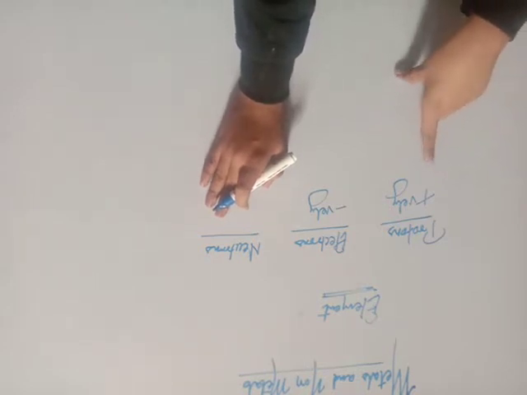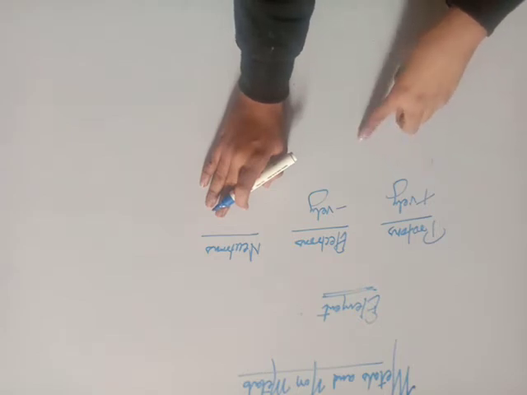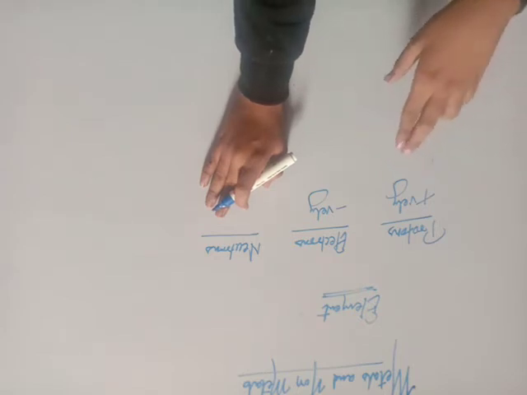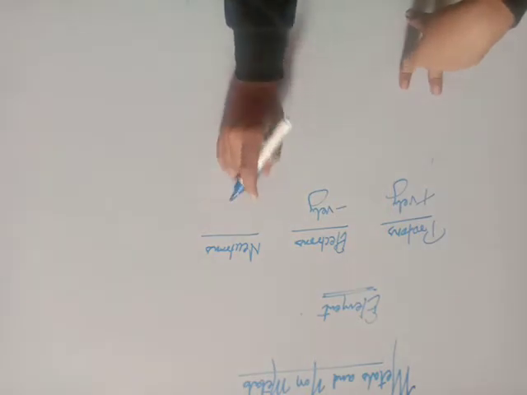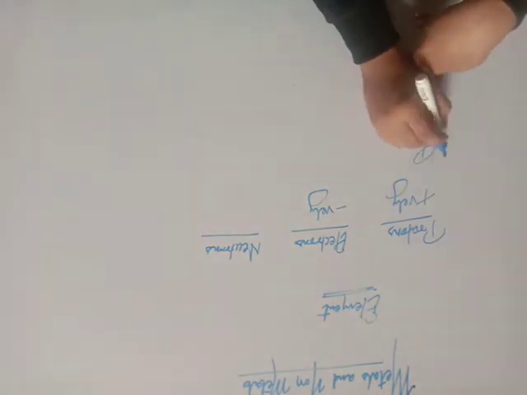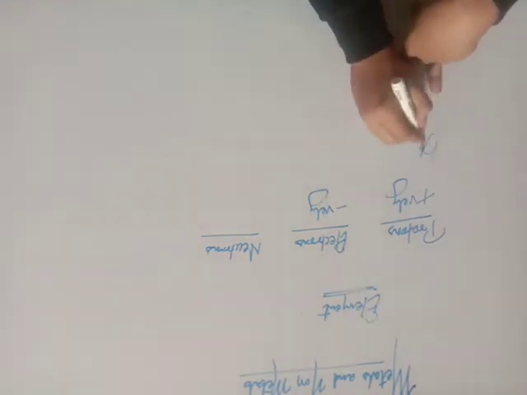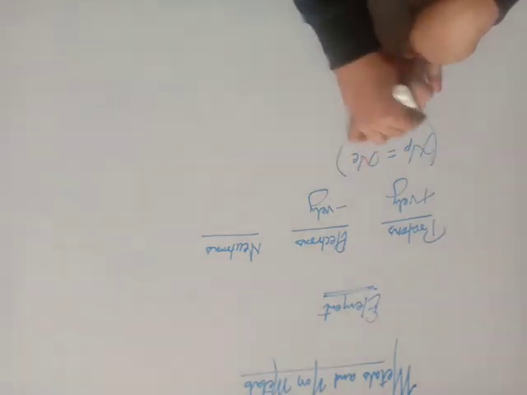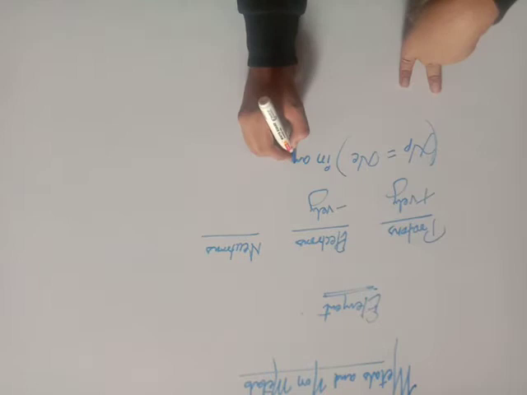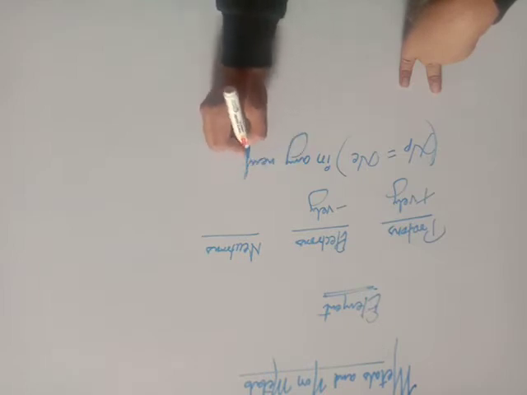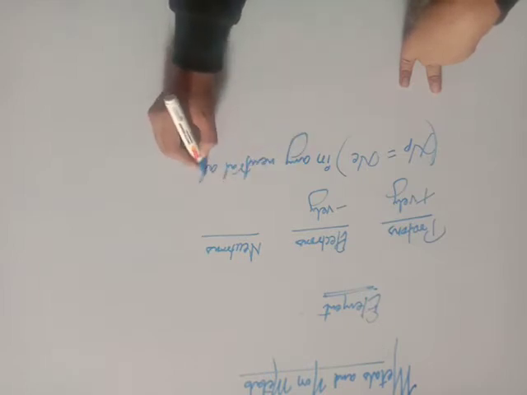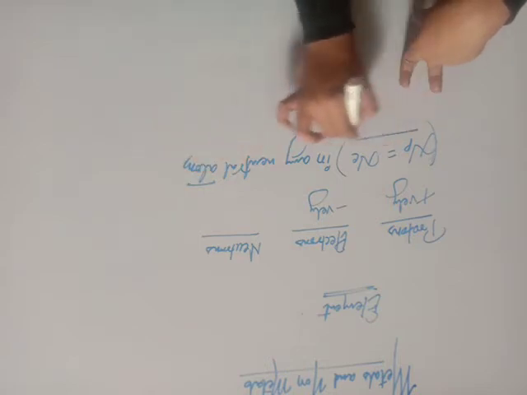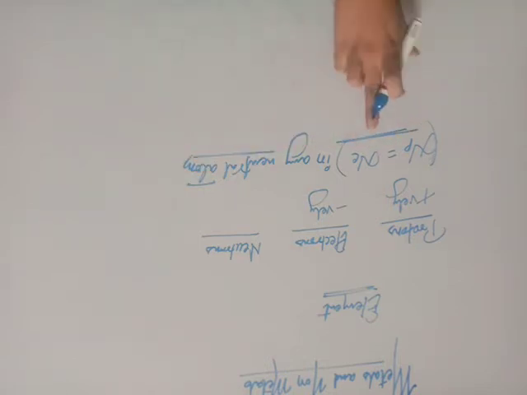Now the number of protons is equal to the number of electrons in any neutral atom. In any neutral atom, the number of protons and number of electrons are the same.